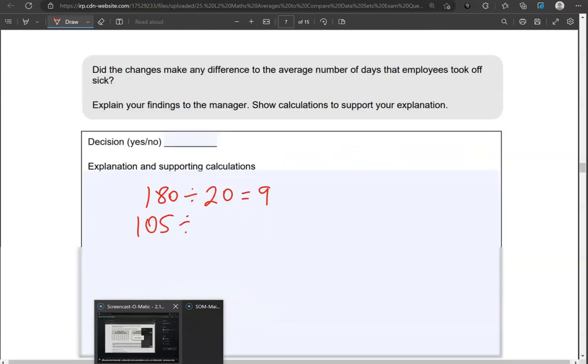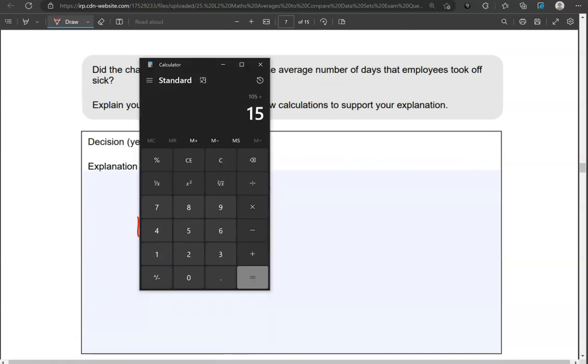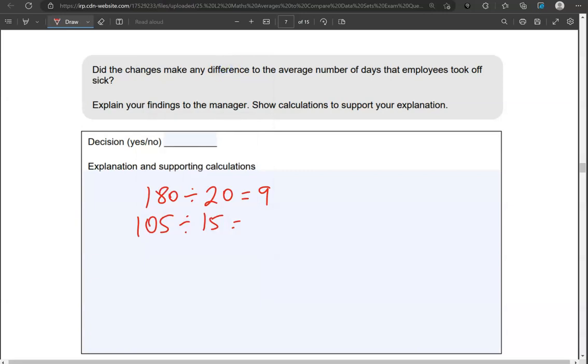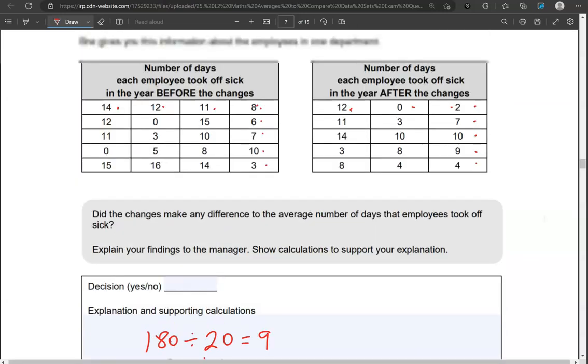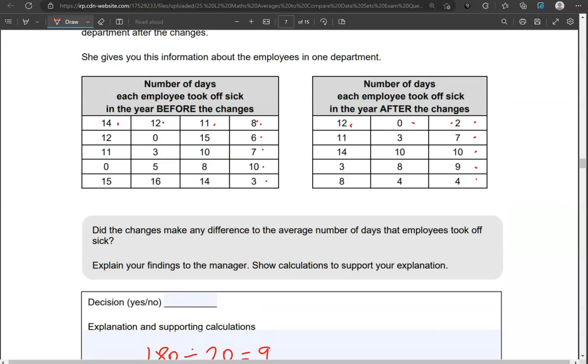So that is 15. Which gives us 7. We've got the means. So on average, the number of days that they take off sick has gone down.